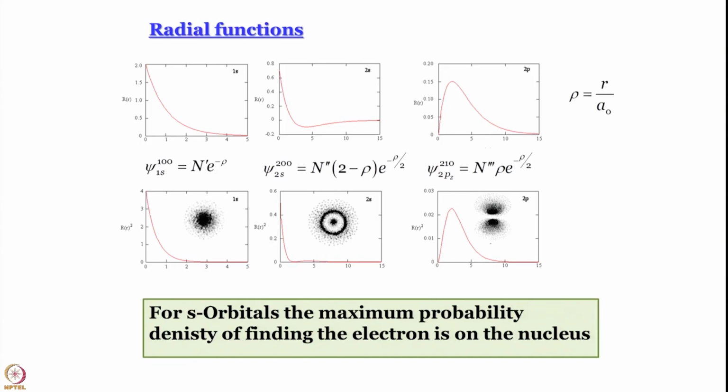Actually we do not. It is very important to remember that psi star psi is not probability. Psi star psi gives us probability density. So, it is true that s orbitals have maximum probability density at the nucleus.